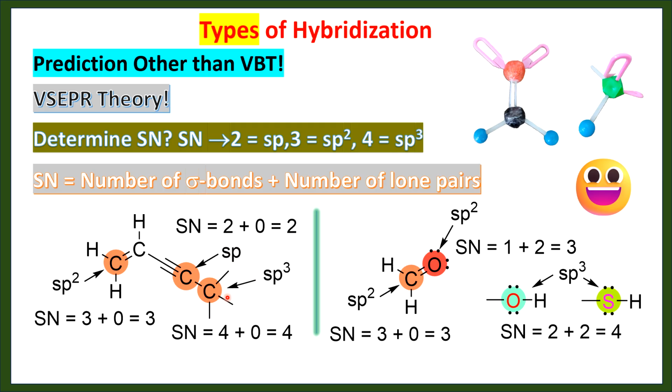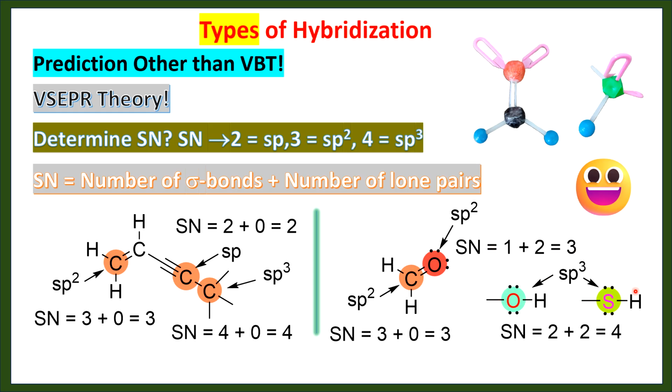In this case, this carbon is attached with four single bonds, meaning four sigma bonds, number of sigma bonds 4 plus no lone pair 0, so steric number 4 means sp3. So by using VSEPR theory we can determine here also the same. Steric number 3 plus 0 equals 3 means sp2. Oxygen also: one sigma bond plus two lone pairs, so steric number 3 means sp2.